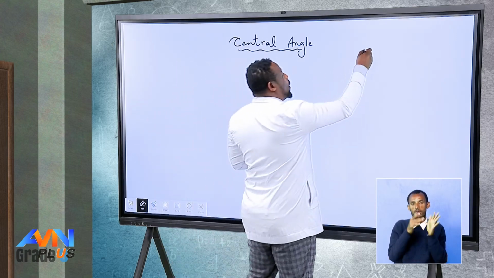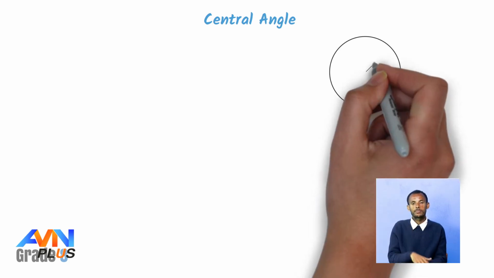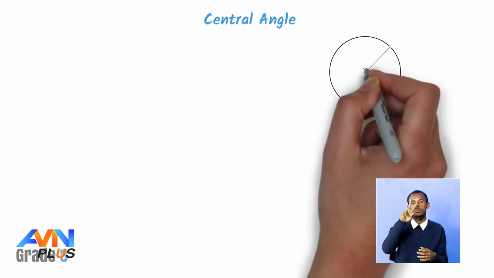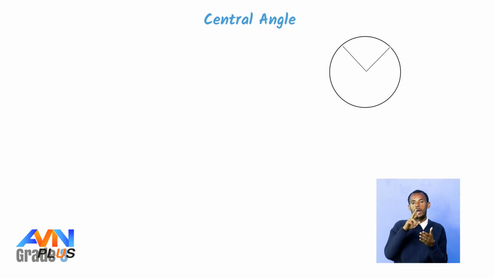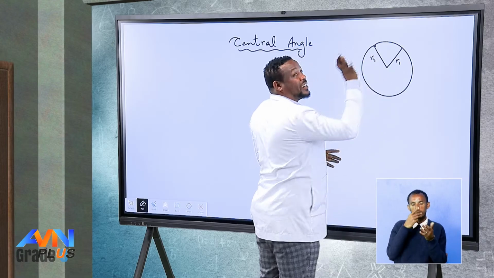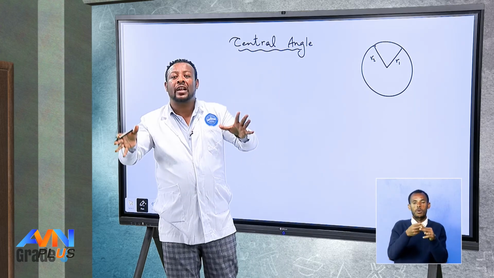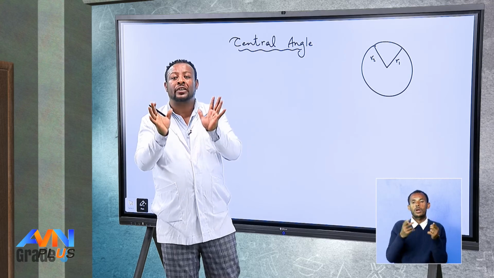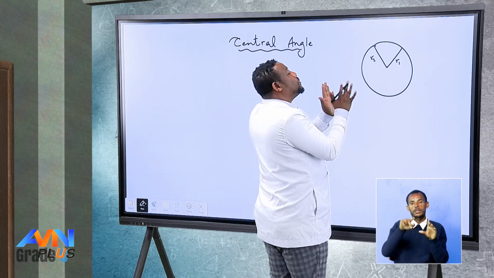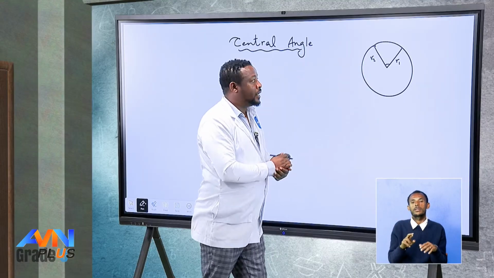For example, if you have a certain circle like this, say we have two radii, say this is R1 and R2. Usually these two are the same, and we call it a central angle whenever we have two radii. The angle formed by any two radii is a central angle.